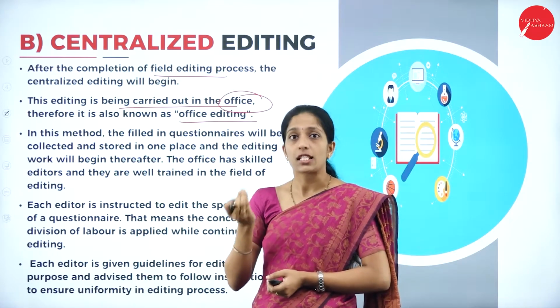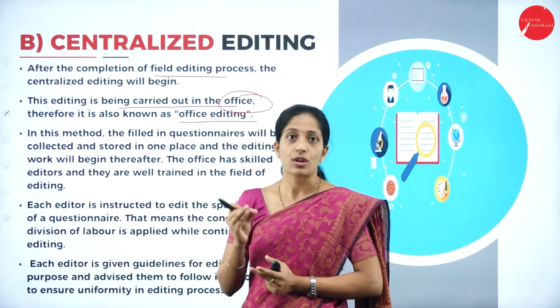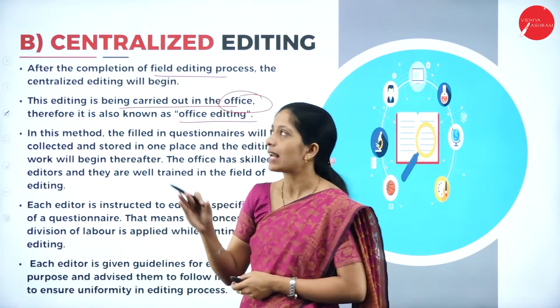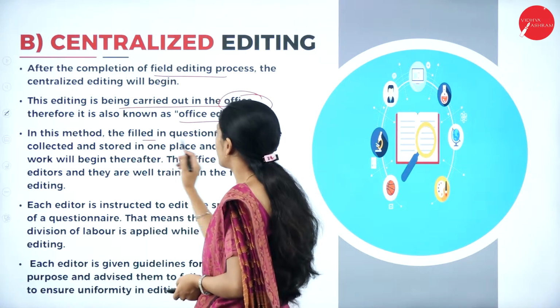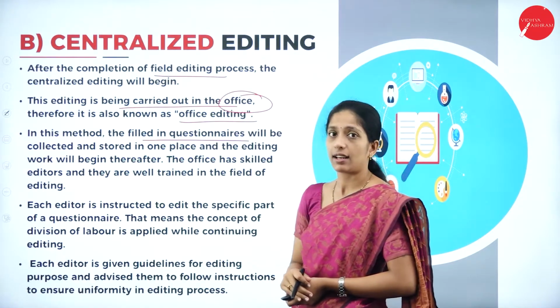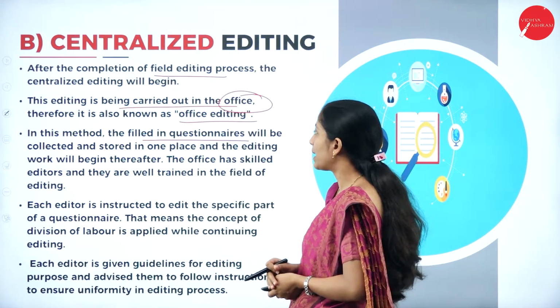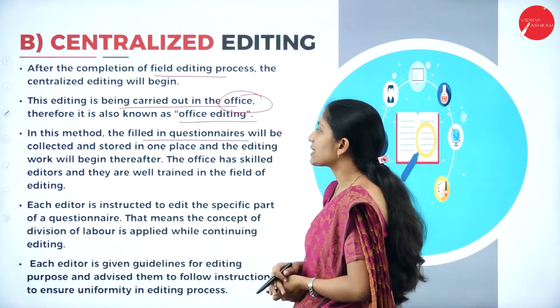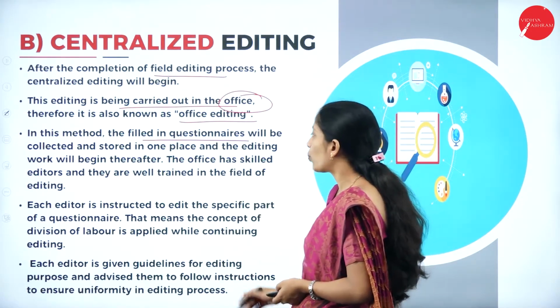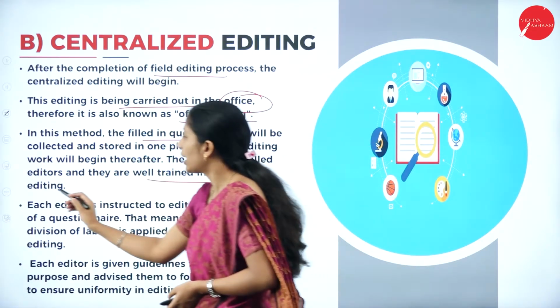The editing which takes place in the office is known as office editing. It is also known as centralized editing. In this method, the filled-in questionnaires will be collected and stored in one place and the editing work will begin thereafter. The office has skilled editors and they are well trained in the field of editing.